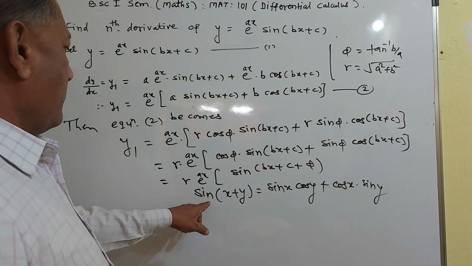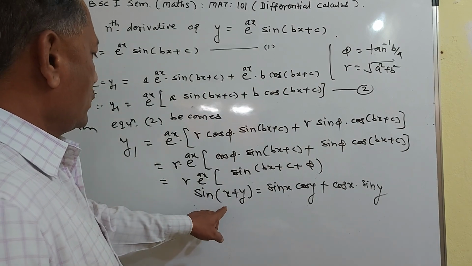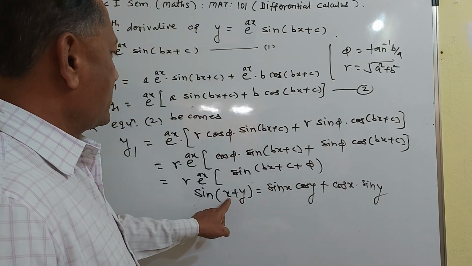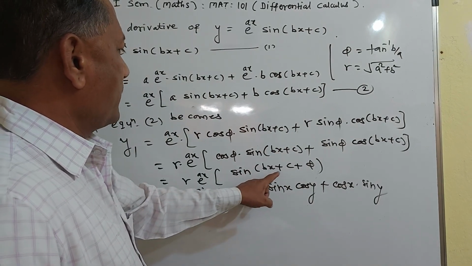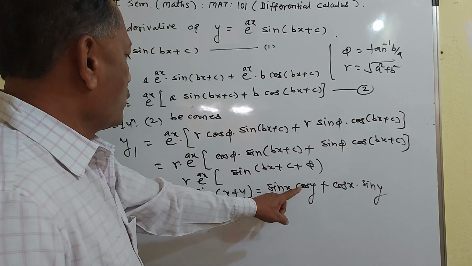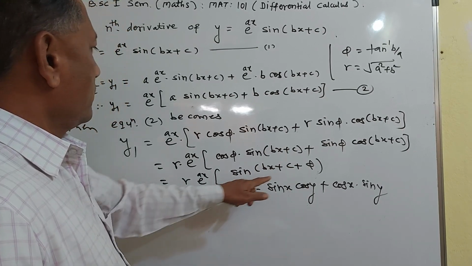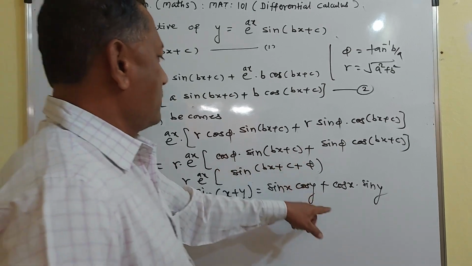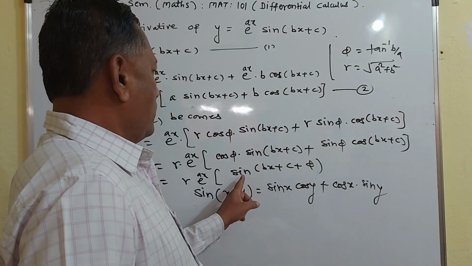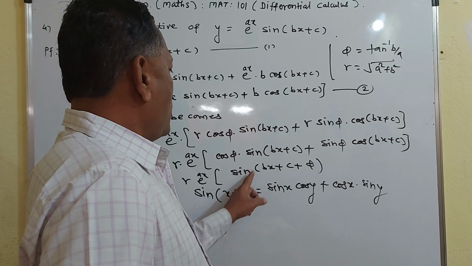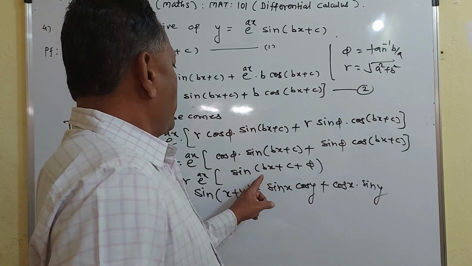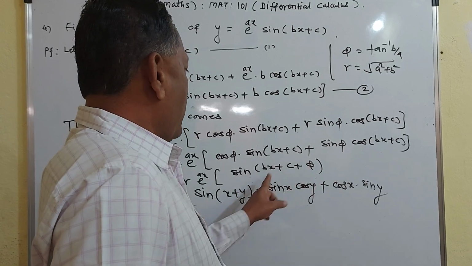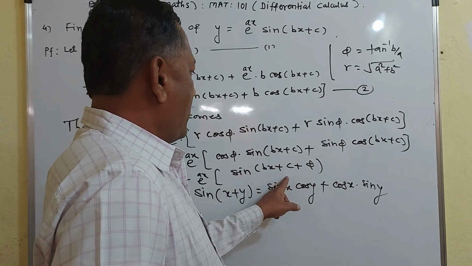Using the formula for sine of x plus y, suppose x is bx plus c: sine of bx plus c into cos phi, plus cos of bx plus c into sine of phi.